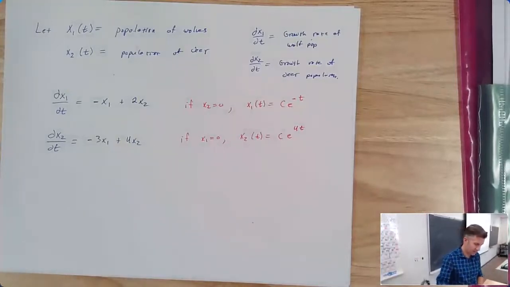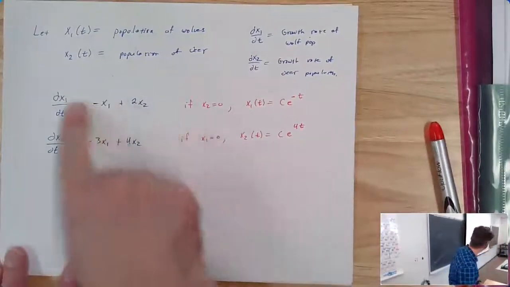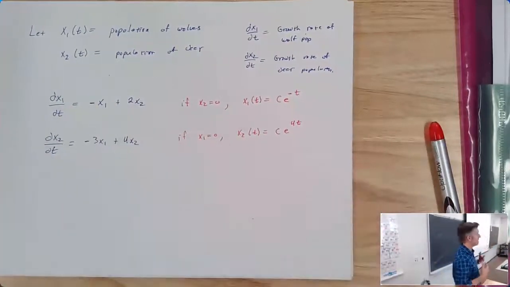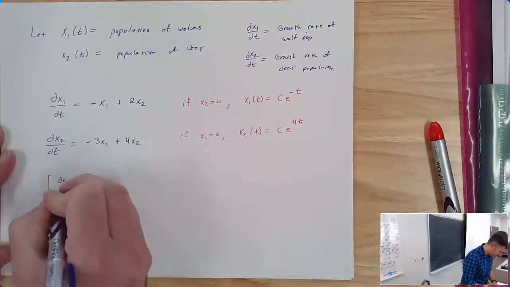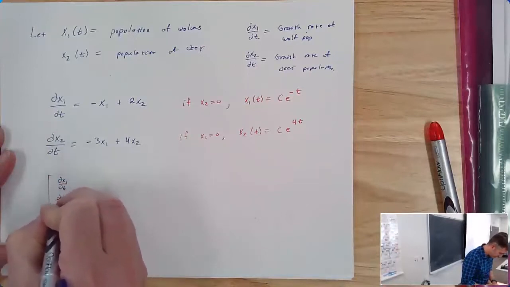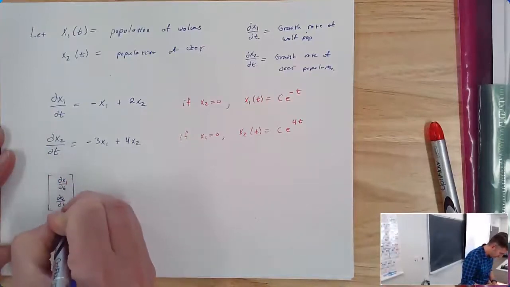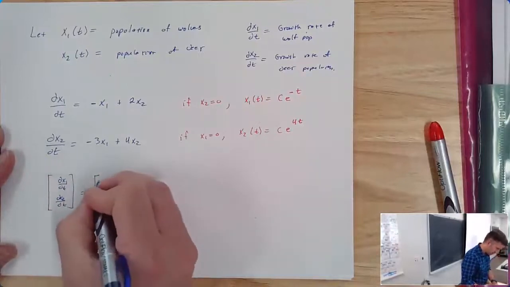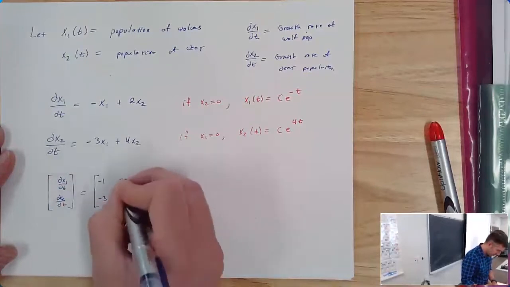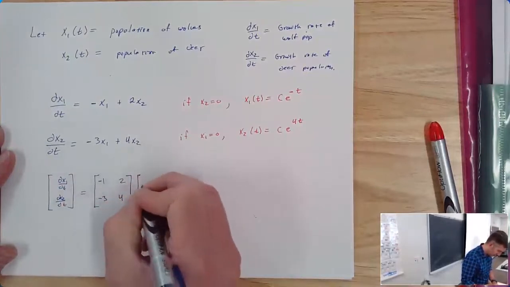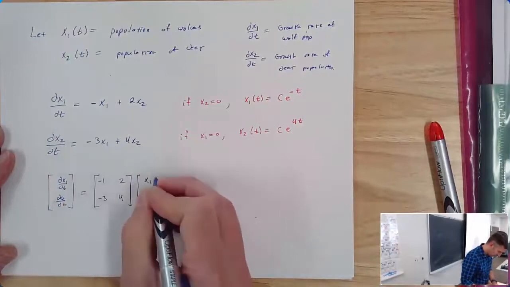So what is the system looking like? Well, check this out. This whole system can be expressed more compactly as a matrix multiplication. We can write the derivative matrix, dx1/dt and dx2/dt, equal to the coefficient matrix [-1, 2; -3, 4] times the variable matrix x1, x2.